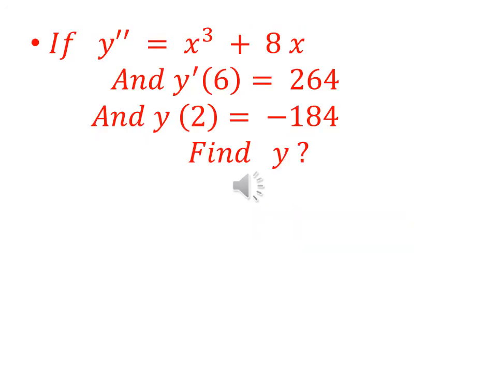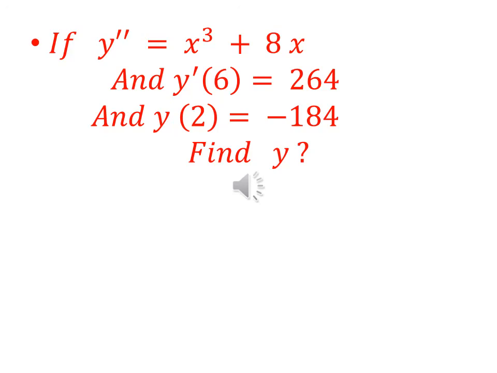Another example: y double dash equals x^3 plus 8x. Find y dash and y, with the conditions y dash at 6 equals 264 and y at 2 equals negative 184. Here we integrate two times.